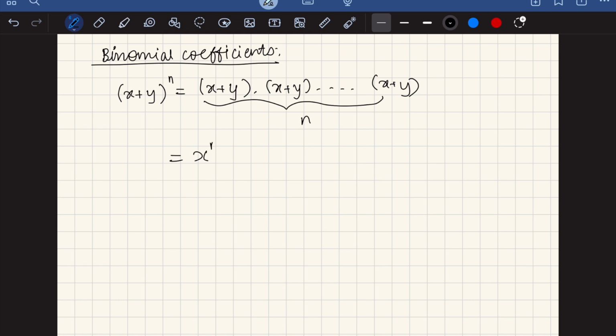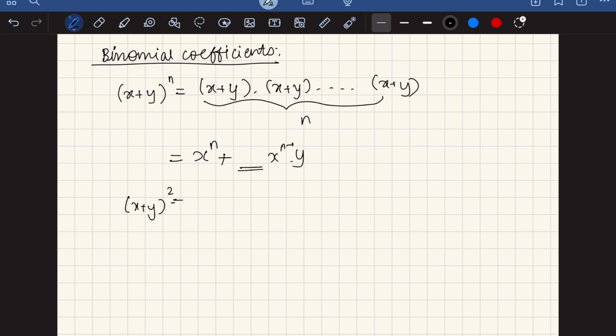Now what is the number of ways to get x to the n minus 1 times y? So is the question clear? Let's say I just had two of these here, and I'm asking you what is the coefficient of xy here.